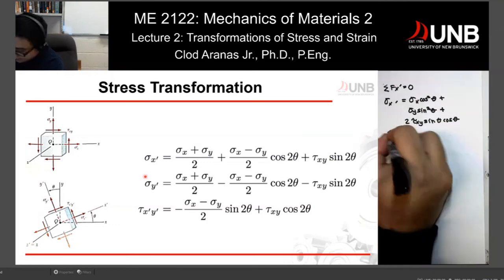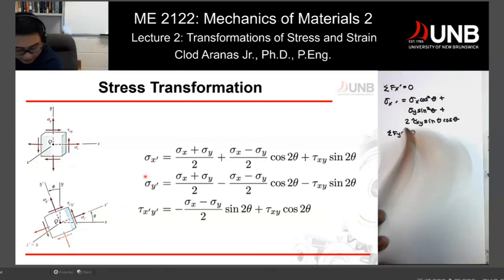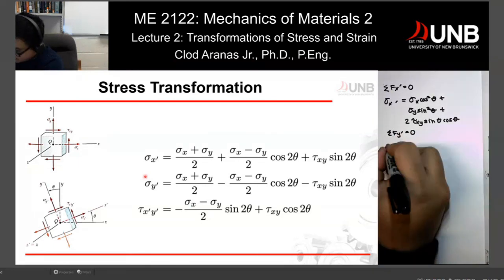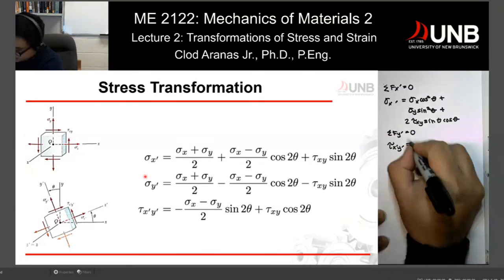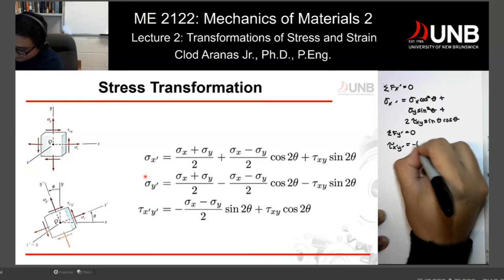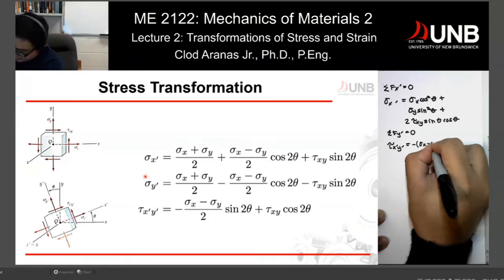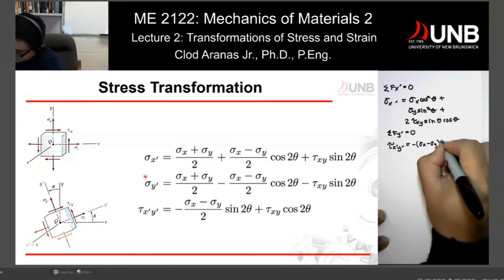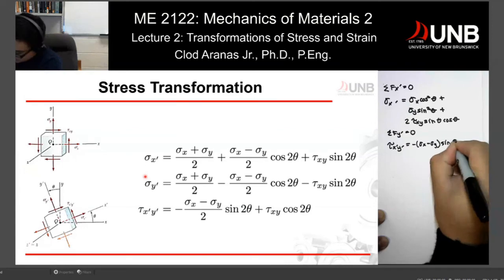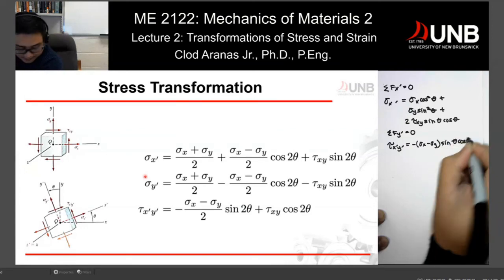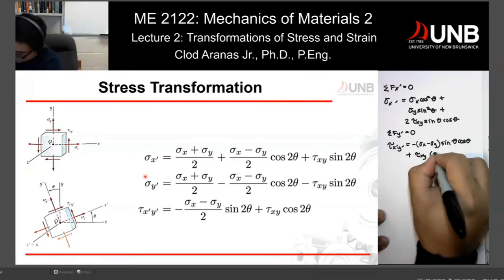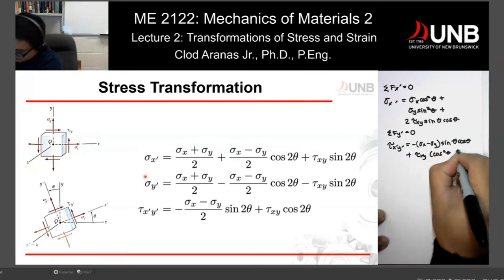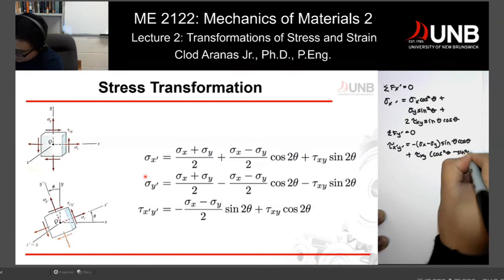And for our y prime axis, which is equivalent to 0, what we got is tau x prime y prime equals negative sigma x minus sigma y, sine theta cosine theta, plus tau xy times cosine squared theta minus sine squared theta.